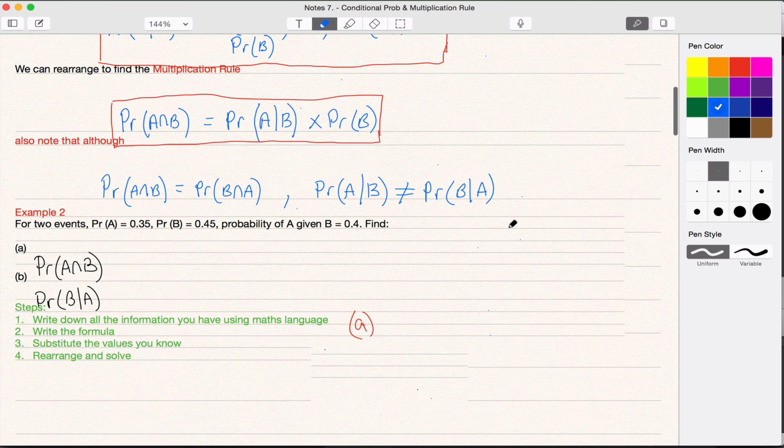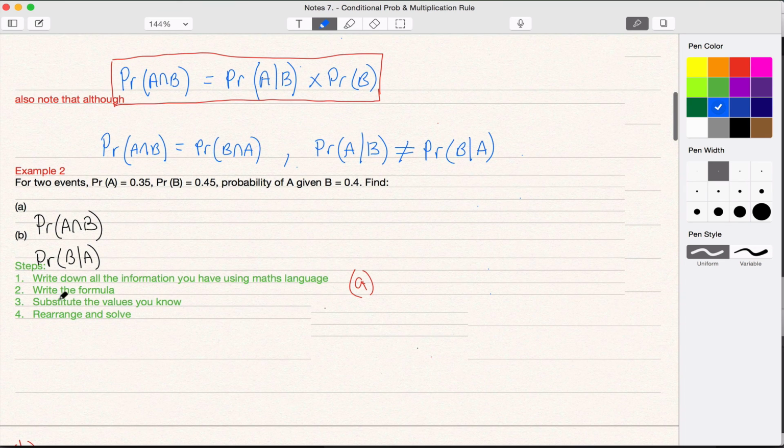Let's look at an example. For 2 events, the probability of A is 0.35 and the probability of B is 0.45. The probability of A given B is 0.4. Find the probability of A intersect B and the probability of B given A. I've put some steps down here when you are following one of these problems.